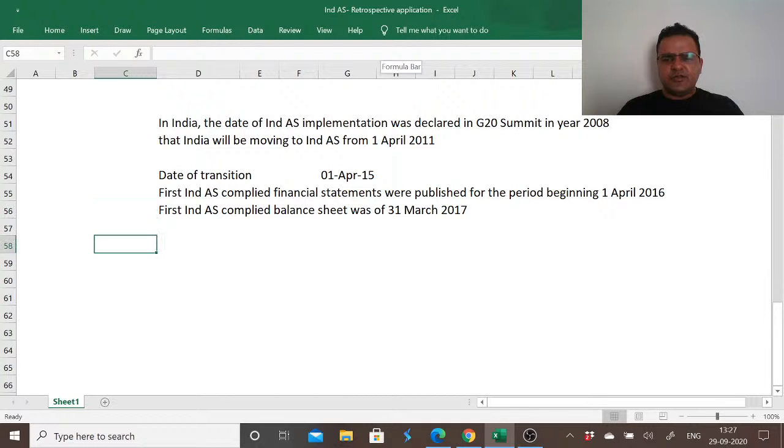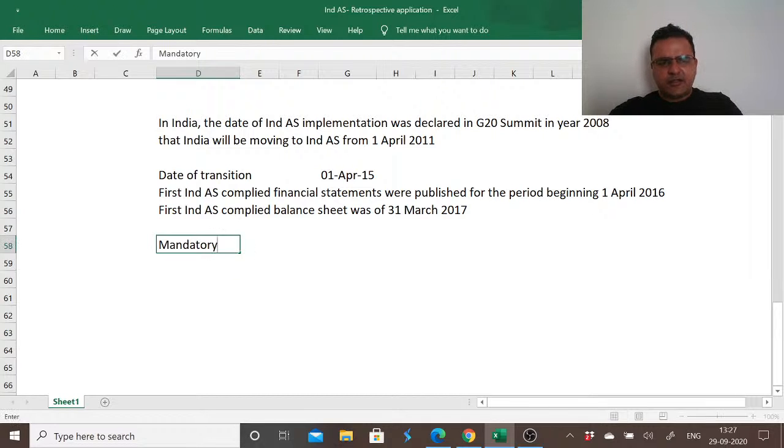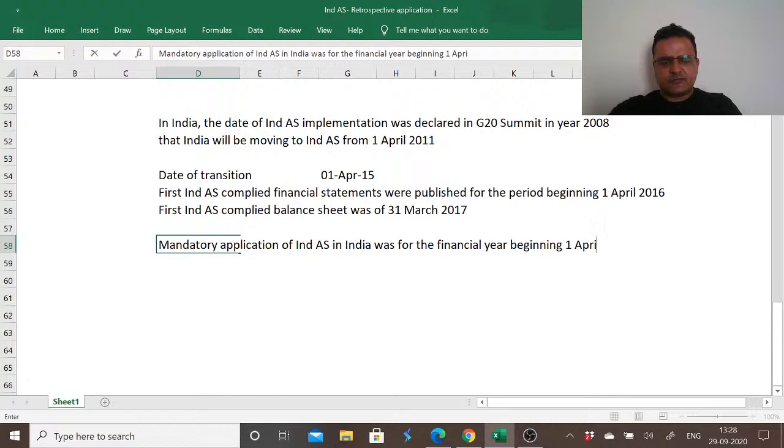So when you read these statements, the statements say that the date of transition in India is 1st April 15, but the first financial year, the mandatory application of Ind AS in India, was for the financial year beginning 1st April 16.